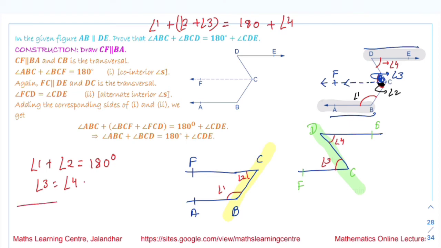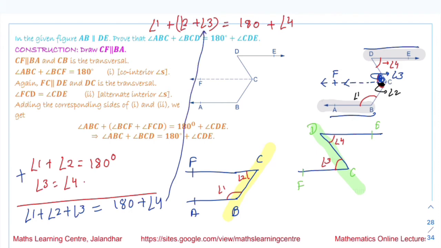So if we look at this equation, we add these two equations and we will get angle 1 plus angle 2 plus angle 3 equal to 180 plus angle 4, and this is what we have to prove.